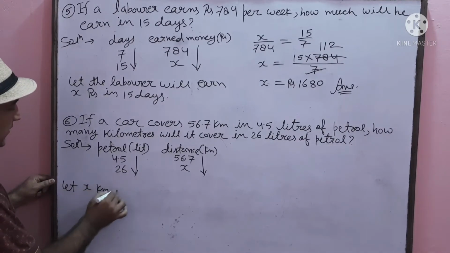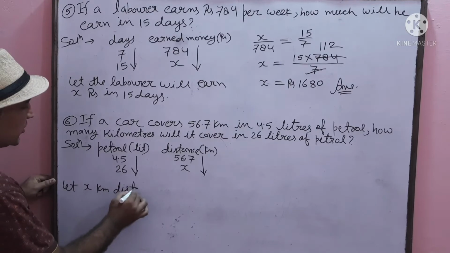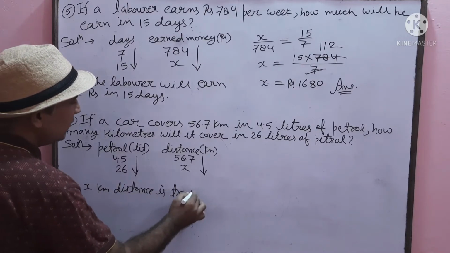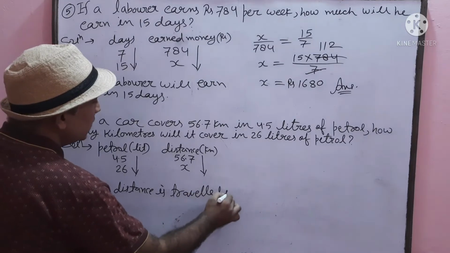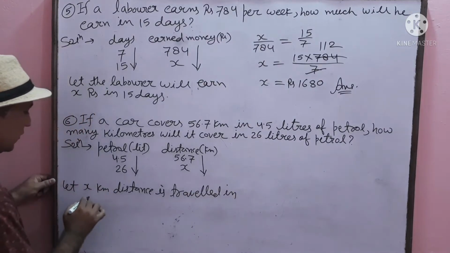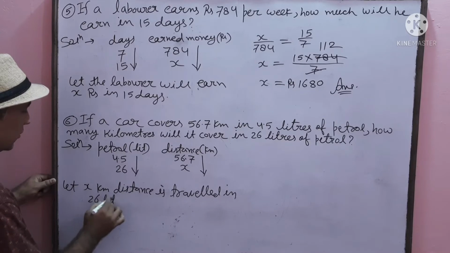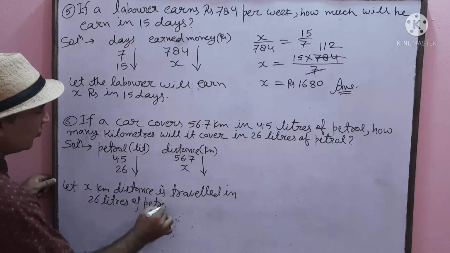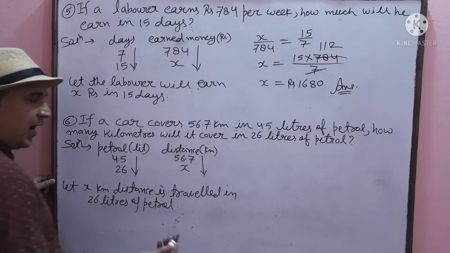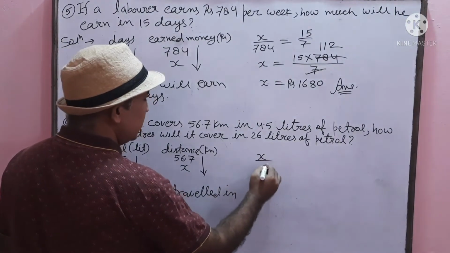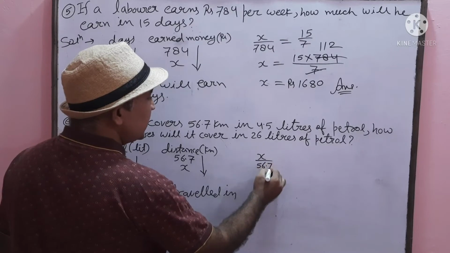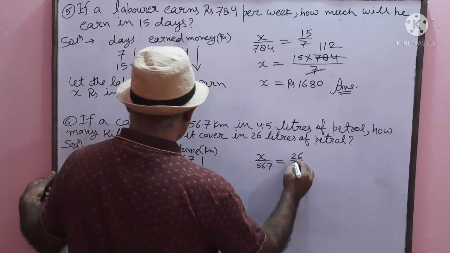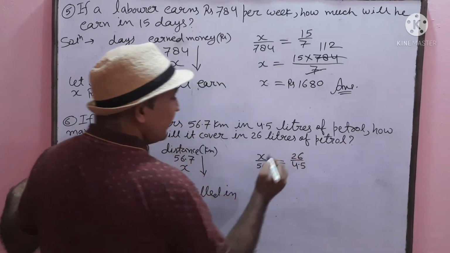Let X kilometers distance be traveled in 26 liters of petrol. Okay, and how to solve? See here, X upon 56.7 is equal to 26 upon 4.5.